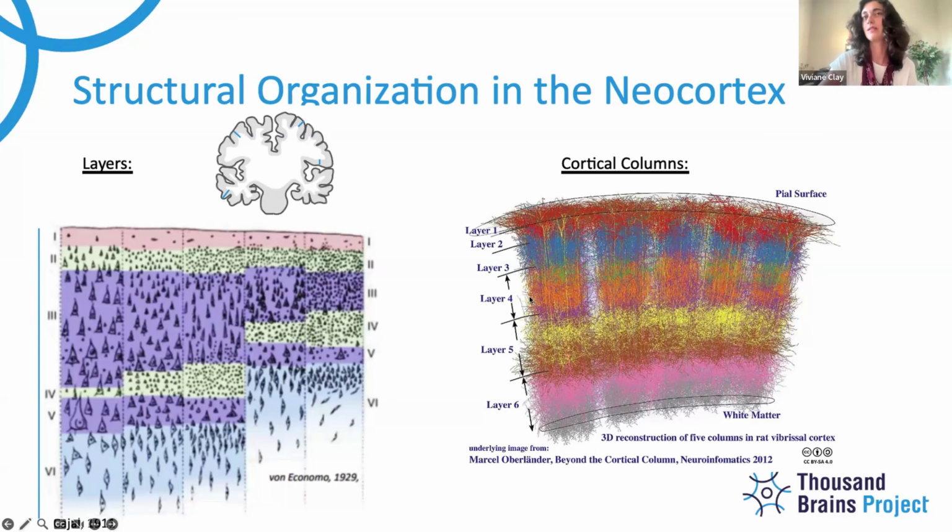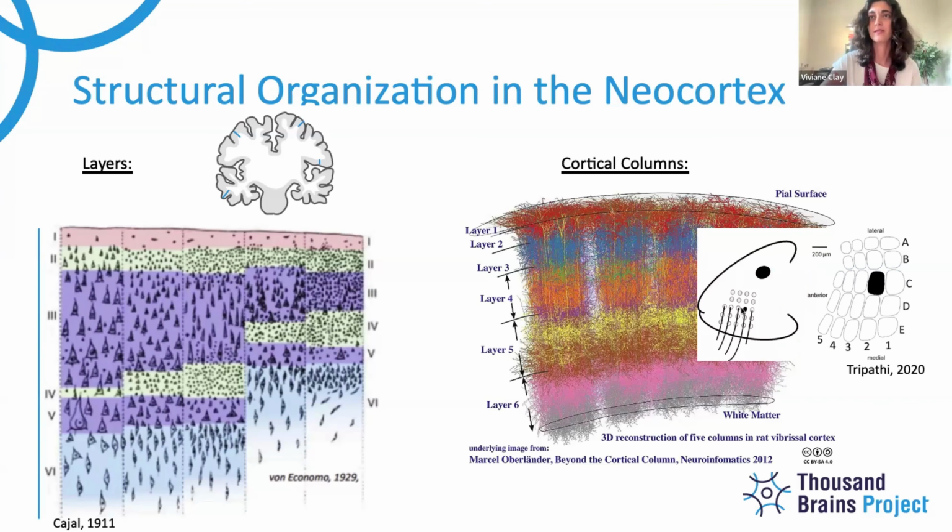And then as a little detail, you can decompose a column further into about 50 to 100 microcolumns, which are defined by their response to similar features, so a similar oriented edge, for example. Maybe the most extreme example of this is the barrel cortex, where basically each whisker of a rat corresponds to one column.